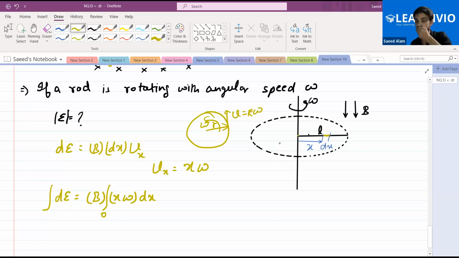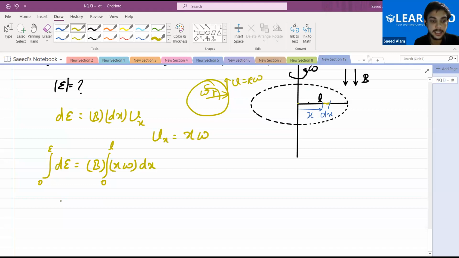So the total length, this will be L here, and dE from 0 to E. On the LHS you will get E, and B omega will be here, and x dx from 0 to L.